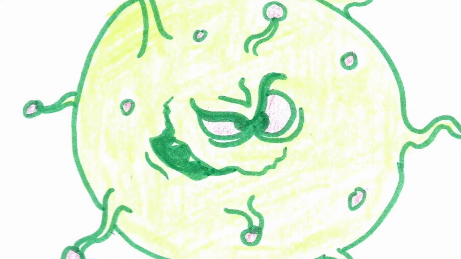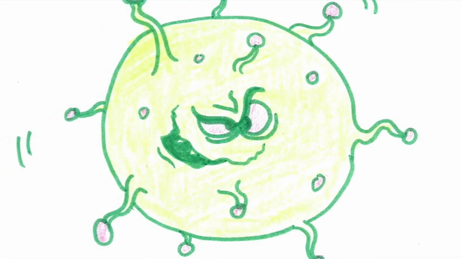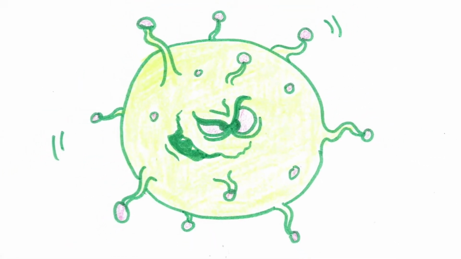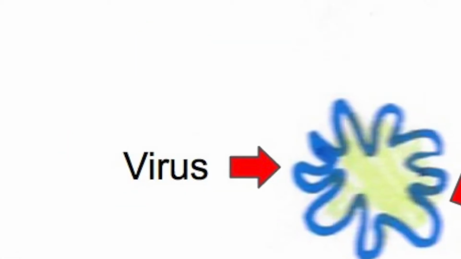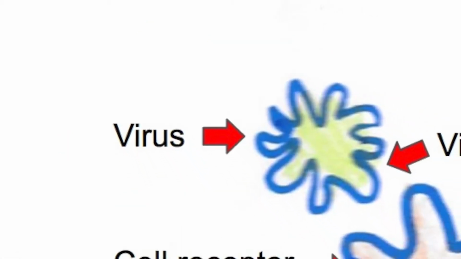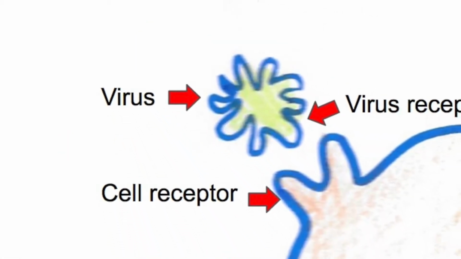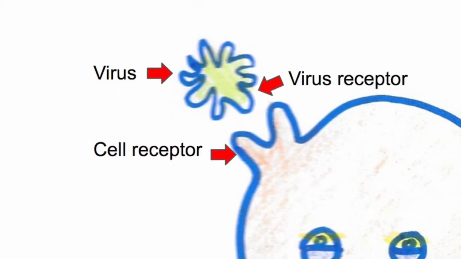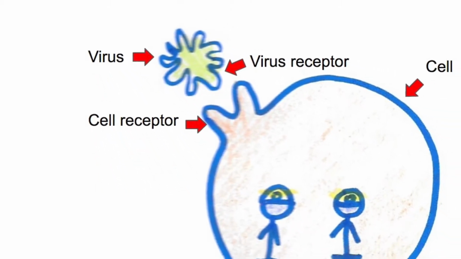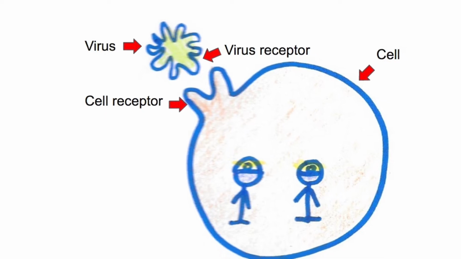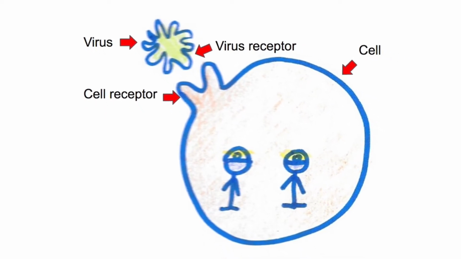A virus is different because it can't reproduce and make more viruses by itself. It's kind of like an envelope carrying instructions, but it can't do anything else on its own. It needs to connect to a host cell and trick that cell into making more viruses.